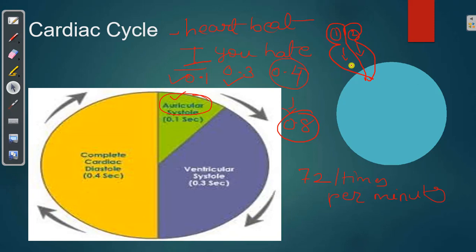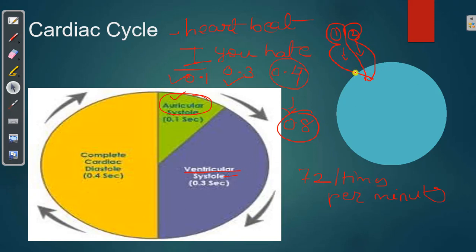Now, common sense, again, what will happen? The ventricles will contract. Hence, the second thing which happens in your heartbeat is ventricular systole, which lasts for 0.3 seconds. What will happen in ventricular systole?